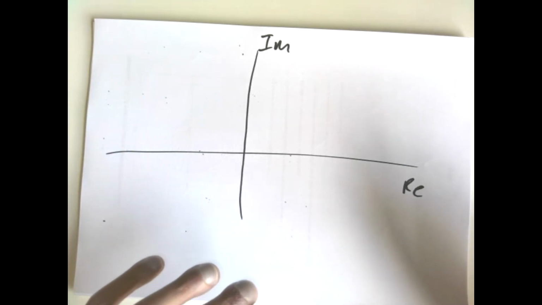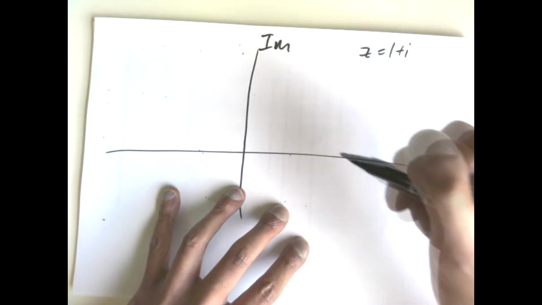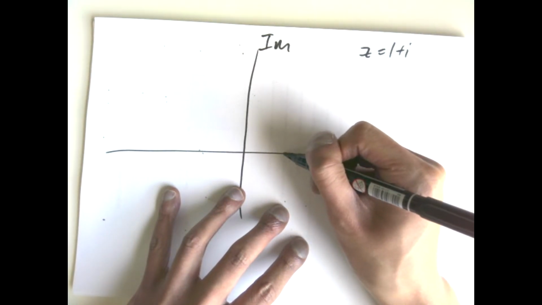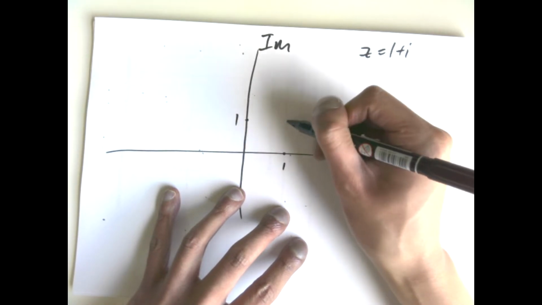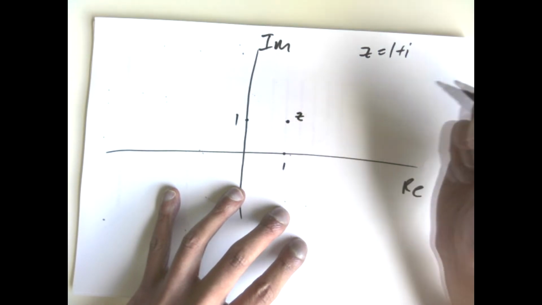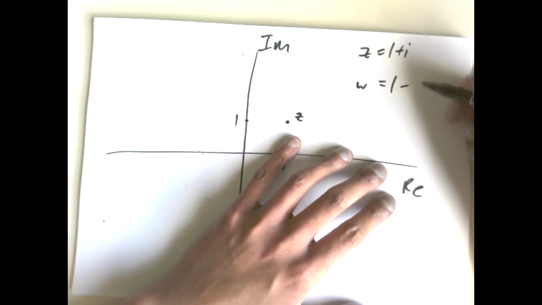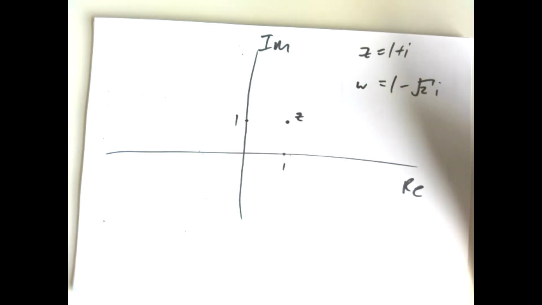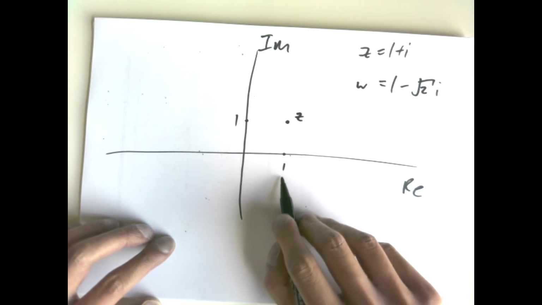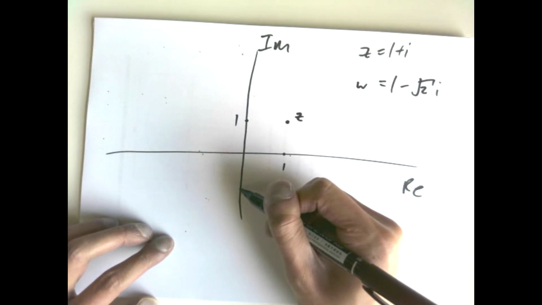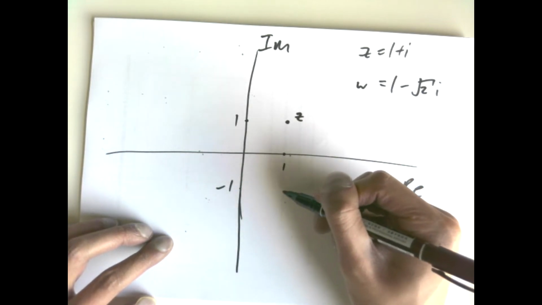Our original z, which was 1 plus i, is going to be roughly 1, 1. So z is going to be roughly over here. Our original w, which is 1 minus root 2i, is going to be here, 1, and then root 2 somewhere here.